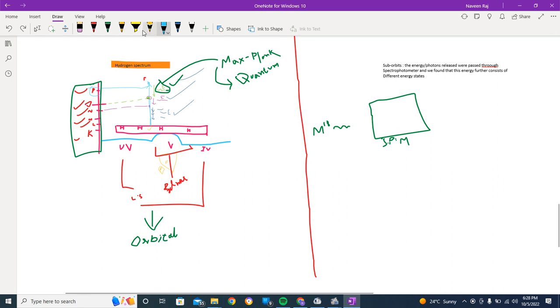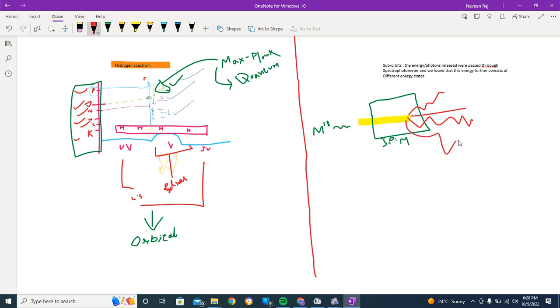When this energy got passed into it, it further broke into parts, like this. Some were straight, some had big deflections.